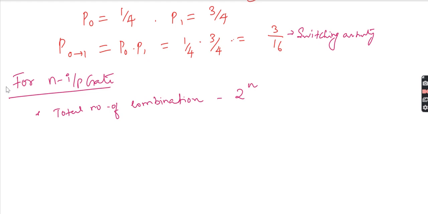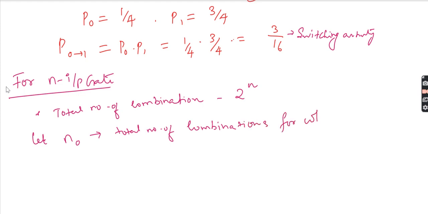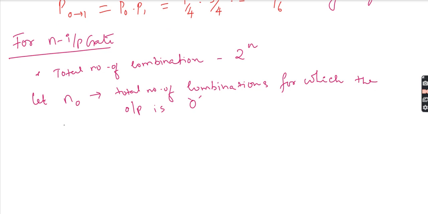So out of 2 to the power n combinations in the truth table, let n0 be the total number of combinations for which the output is 0.